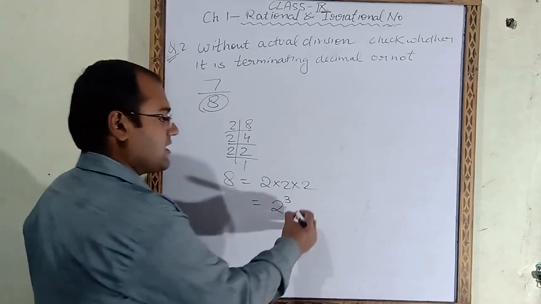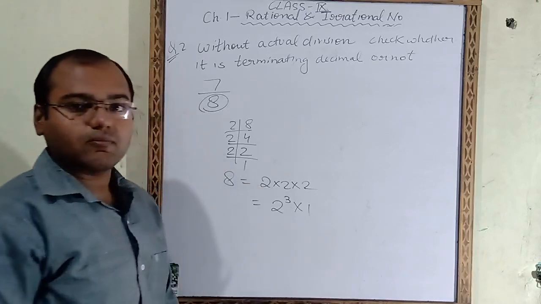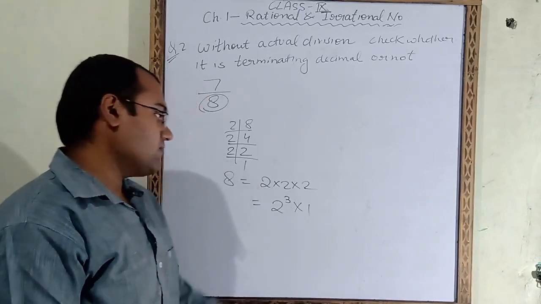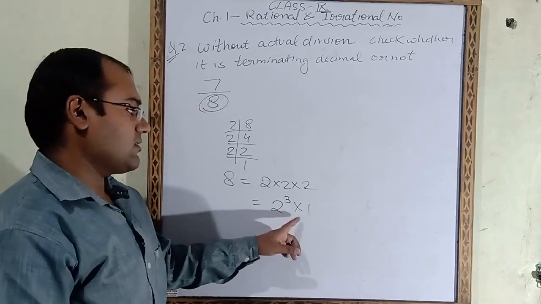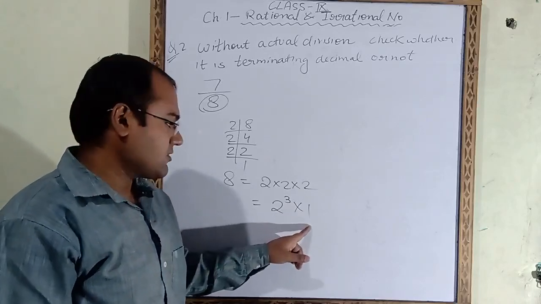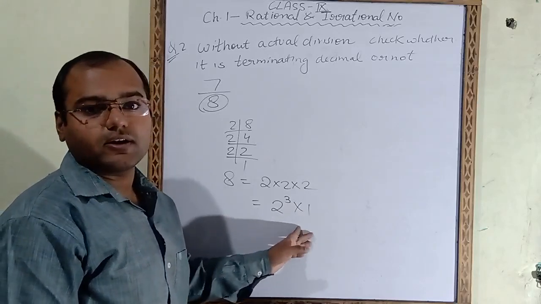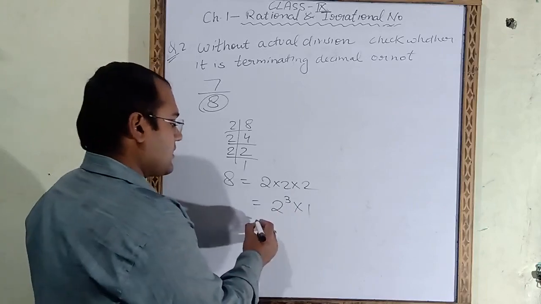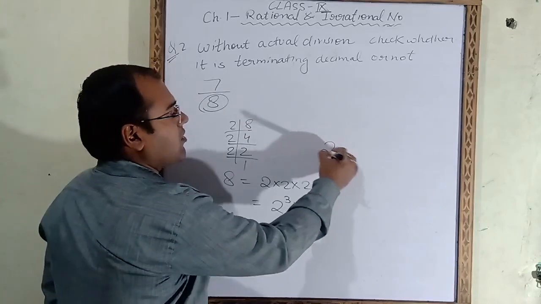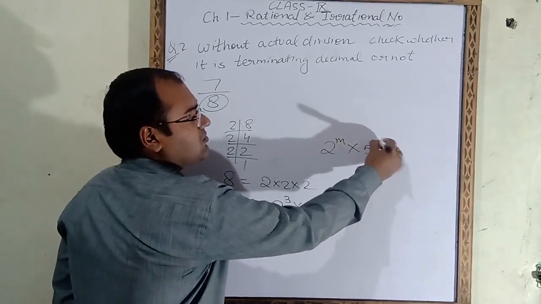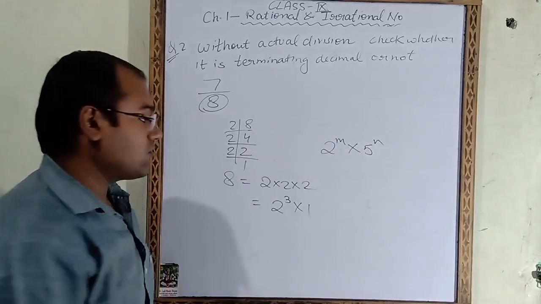If we write here multiply by 1, the meaning will remain the same. So what we have to do? 2 raised to the power 3 multiply 1, the answer will remain the same. Now the answer is not coming in the form of 2 power m into 5 raised to the power n. So what you have to do?